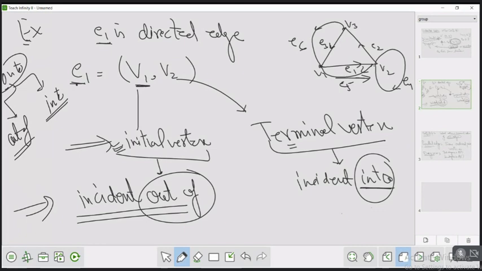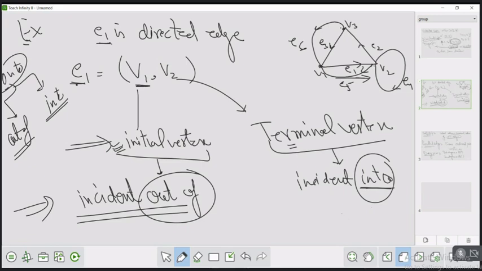You can see that this edge is out of V3, this edge is out of, but this edge e2 is into, and these two edges are out of V3.